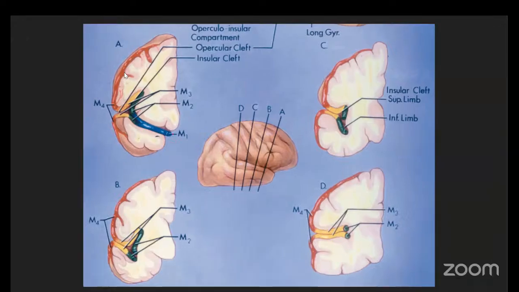You can see that M1 is following here. This was the sphenoidal portion of the Sylvian fissure. And then we have the M2, which is going in the circular sulcus. And then we have this M3, which is in the opercular portion of the Sylvian fissure. And then the cortical branches, which come out like this. Is it clear now?